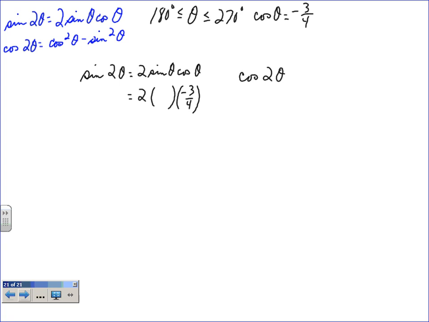How do I find sine of theta? This is from chapter 13.